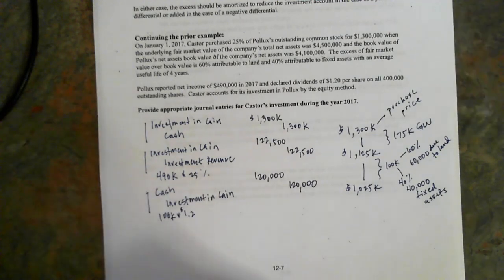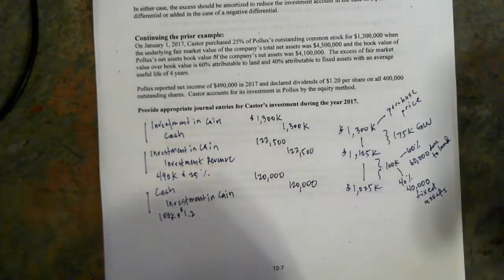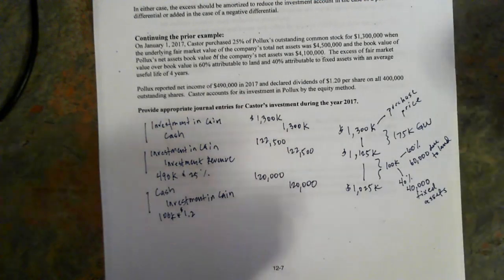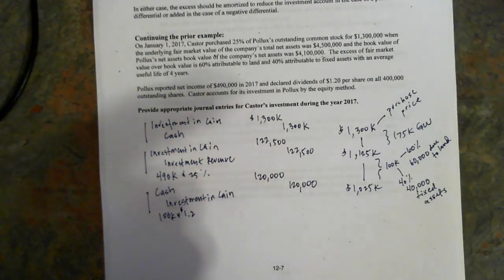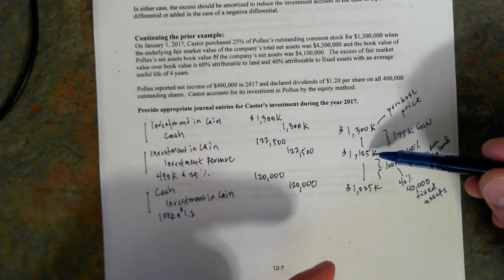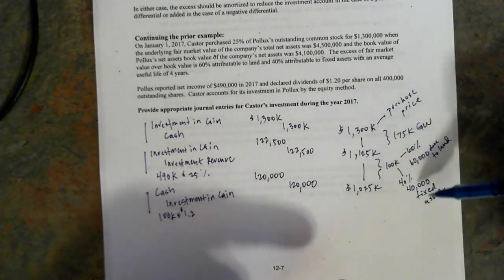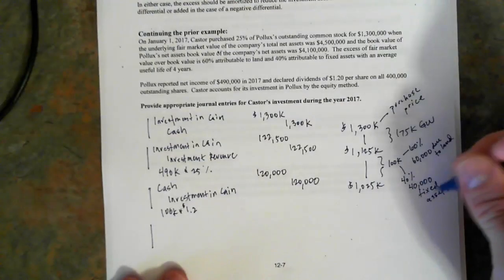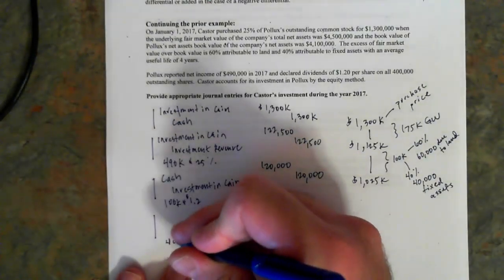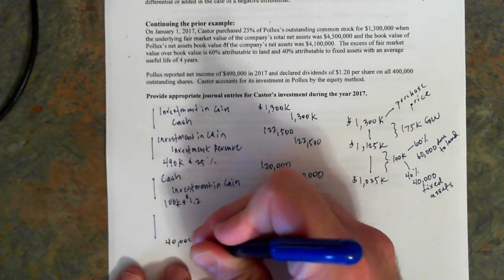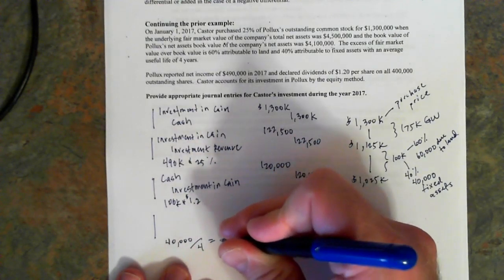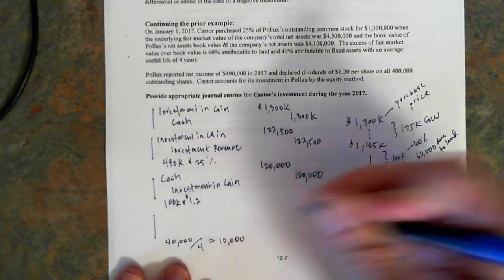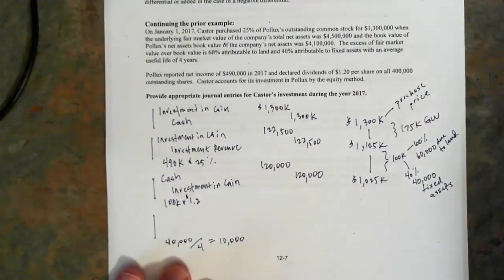As my investee depreciates these assets, they're going to reduce their net income by the depreciation, but they're only going to do it by the book value, not by the fair value that I paid. So I have to take a little more off the top, in this case 40,000 divided by 4, because I'm splitting that excess up over the useful life of those assets just as my investee is.